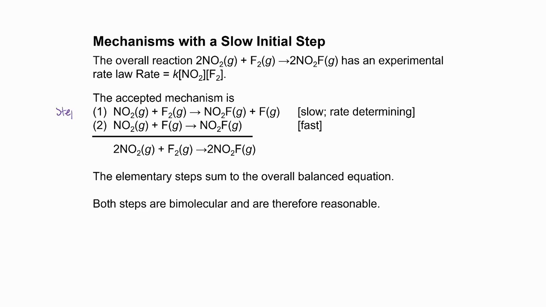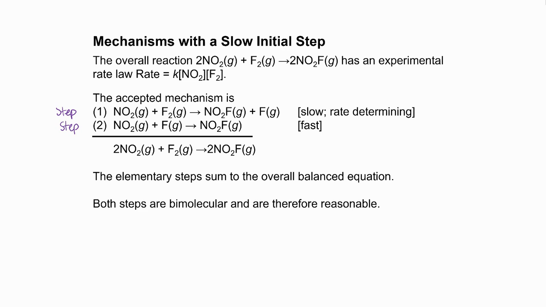We have step 1 and step 2; confirm that when you add them, you get the overall equation. Determine the intermediates. Determine if each step is unimolecular or bimolecular. And then the last thing I want you to do is write the rate for the slow step. So pause me and do all that.